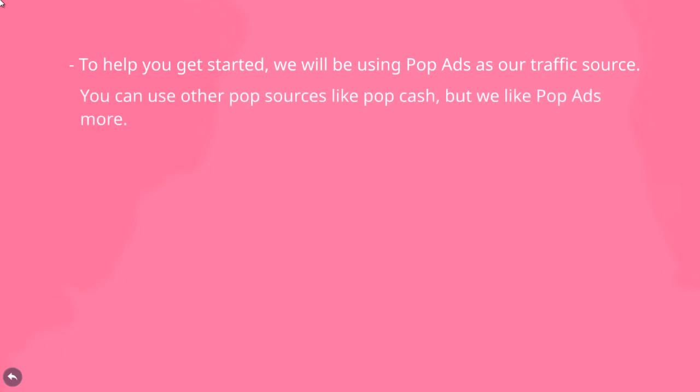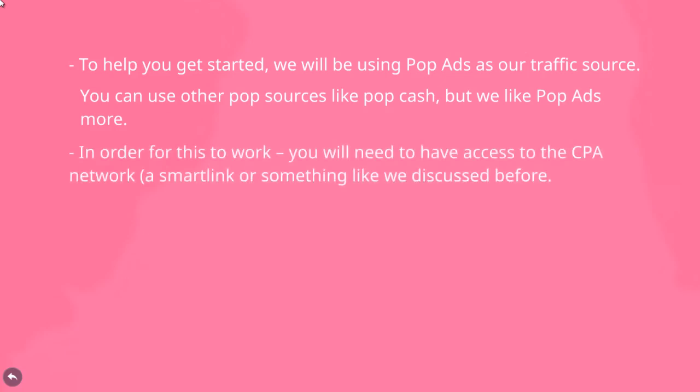Now, in terms of the offers that convert really well with Pop Ads, number one, you want to definitely get something targeted. And number two, if you utilize something like a smart link, then it's so smart that usually it can figure out what that person would like.